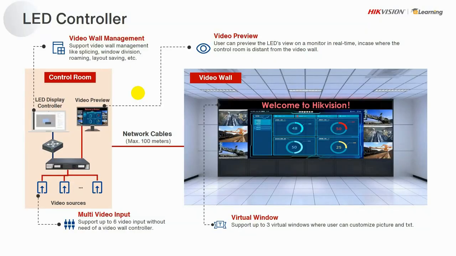So here is a typical using scenario in a control room. After you connect the video signal source here on the bottom left with the controller and finish the video wall management, you can use a monitor to preview the LED wall in case the control room is distant from the video wall.